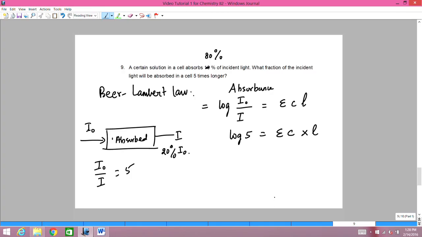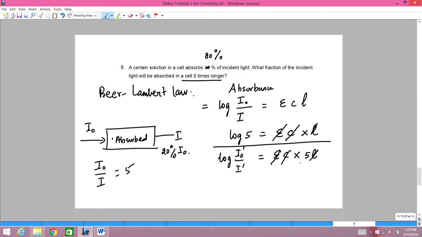Now, you are asked to calculate the corresponding log I naught prime by I prime, if the concentration of the substance remains the same, but the length becomes 5 times the length of the cell, a cell 5 times longer. You can calculate this by taking the ratio, because the epsilon and concentration go away when you divide.